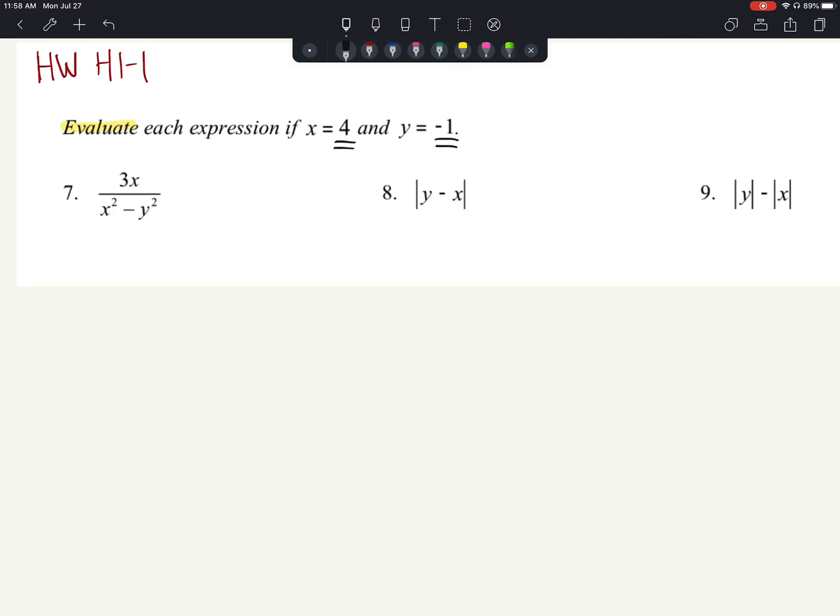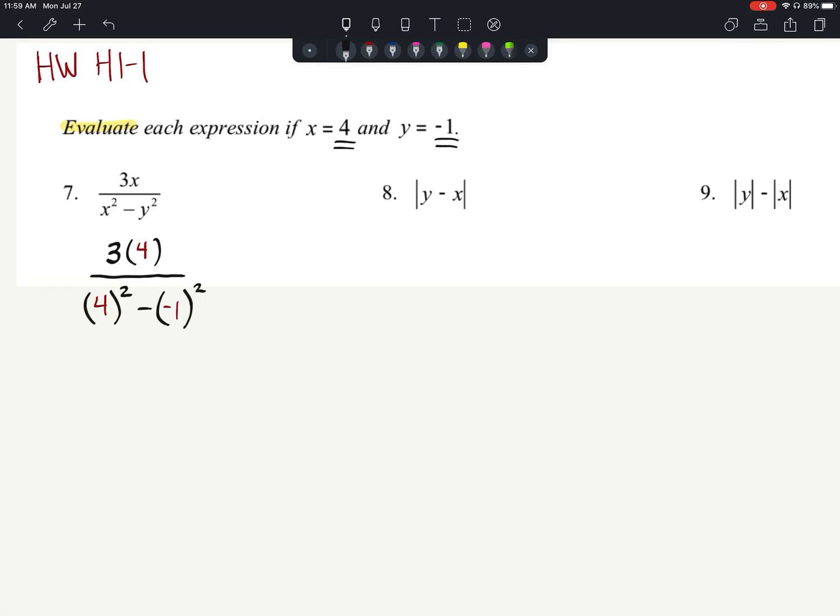Since x is 4, we'll say this is the same thing as 3 times 4 on the top, and then underneath we've got in parentheses 4, and then we'll close it, squared minus, and then our y value we said was -1. Now it's important that you realize there's a minus sign and a negative sign there.